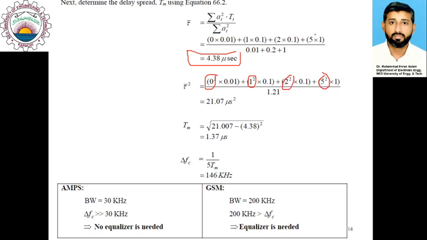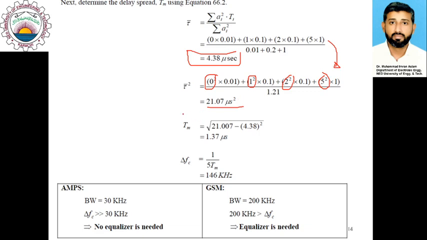So wherever we used the delay, we are now using the square value, and the rest remains the same. If you simplify this, this comes out to be 21.07 microseconds square.